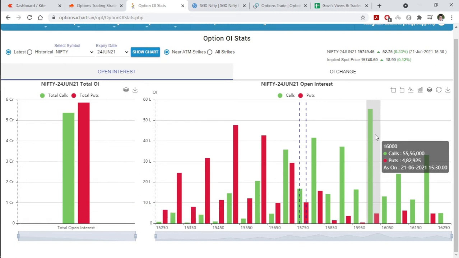I mean, not really any puts. 51 lakh contracts of calls written against 4.8 lakh contract puts. So that's pretty good resistance, and unless 16,000 is achieved on a closing basis, I don't think the call writers would rush to close their positions. So on that note, 15,975, like we discussed, is a good resistance level.